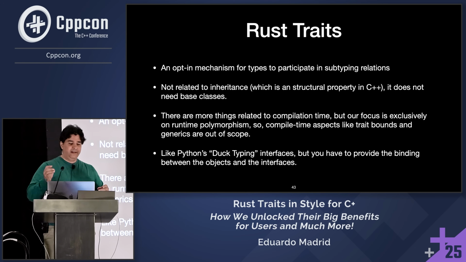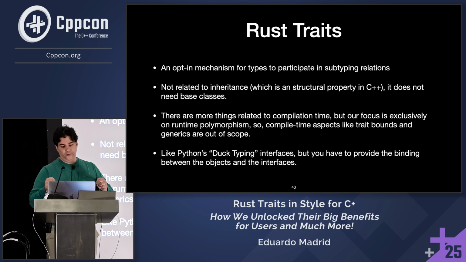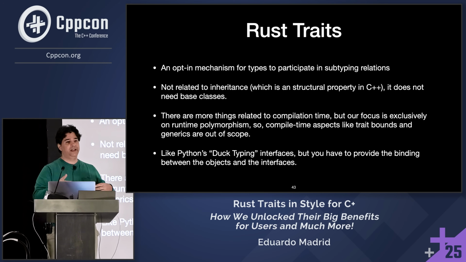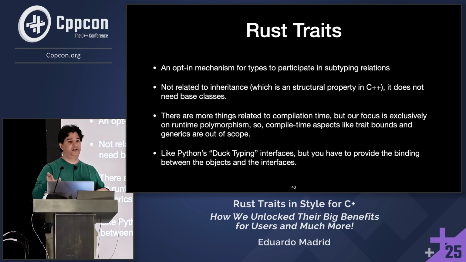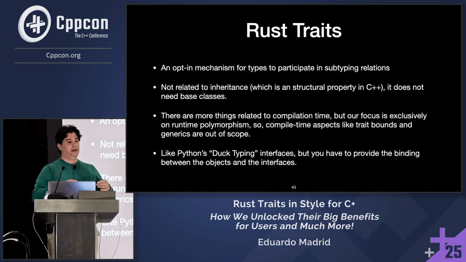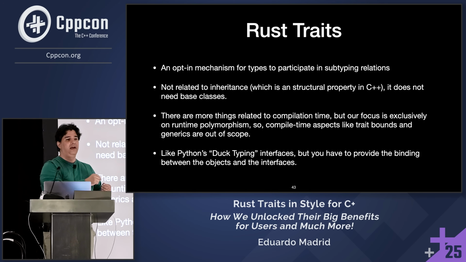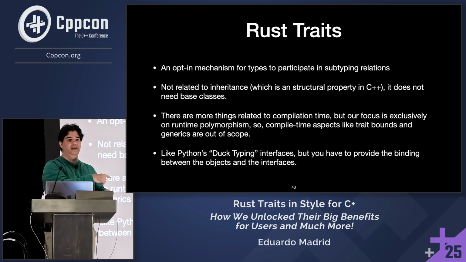So Rust traits have a lot of interesting things for compilation time, because unlike, for example, in C++, if you invoke a function that has overrides, so that is virtual, even if you wanted, no, I really want to execute the function defined in this type, the dynamic dispatch is going to be activated.